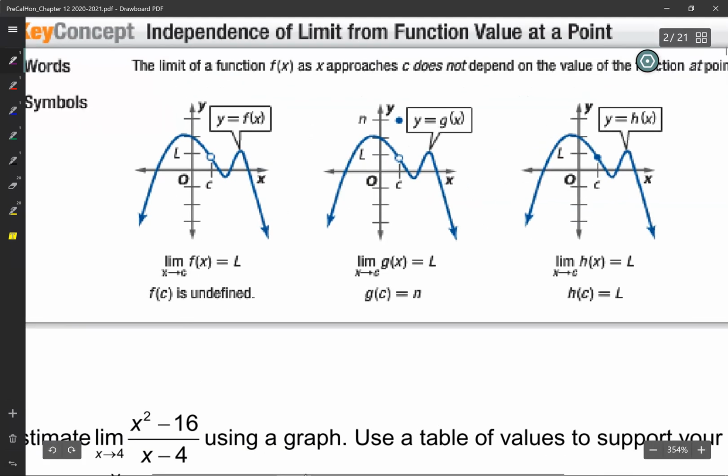So for example, take a look here. This is the value of c. As I approach c, my y value is approaching this number L. As I approach c from here, my y value is approaching that same number L. Did I actually talk about getting to that point? No, I'm just talking about approaching that point, okay?